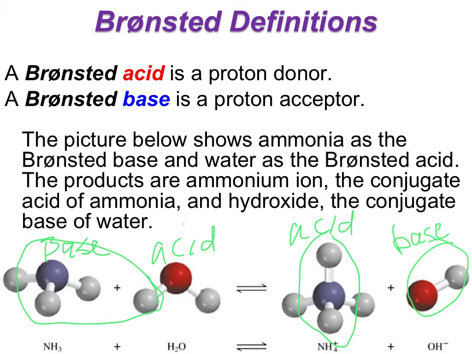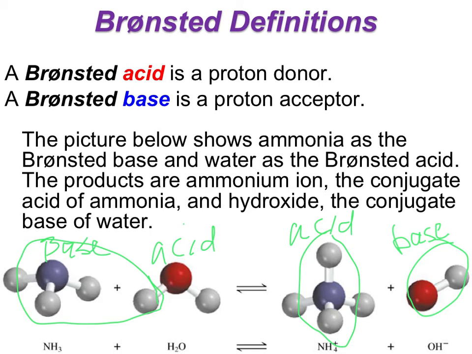In the Bronsted definitions, there is always a conjugate pair. The difference between the two species, the acid and the base, is a proton. The acid always has one proton, H+, more than the base.